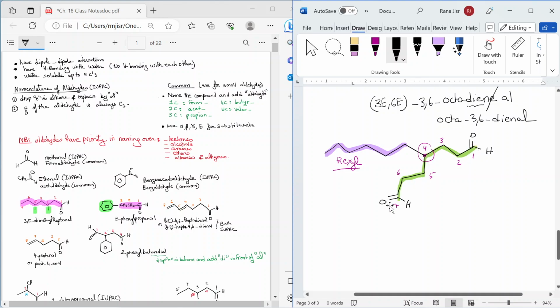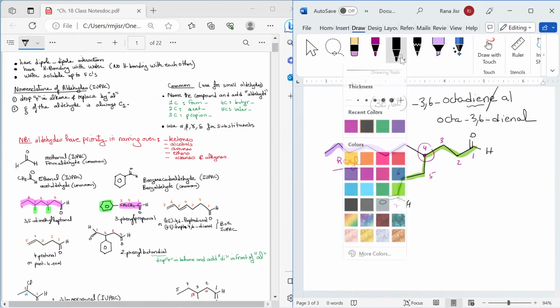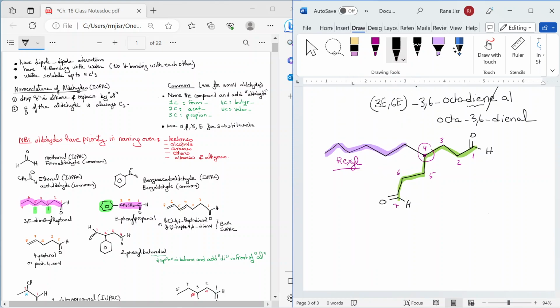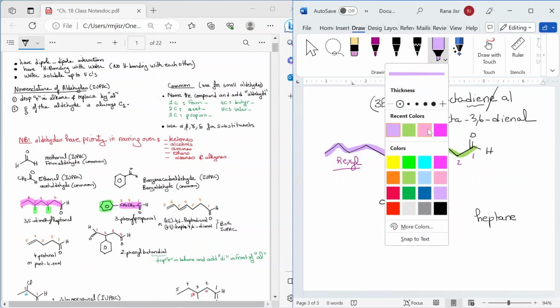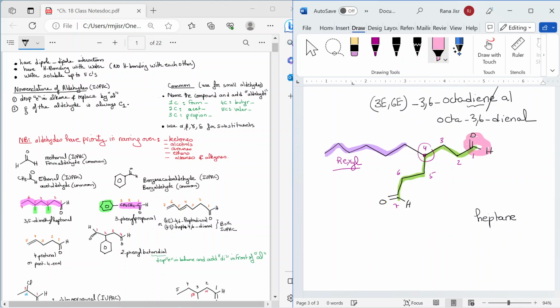You name your chain that has both carbonyls on it, and this is going to be a heptane. I'm just going to name it in the form of an alkane first. Now, because I do have two aldehydes, I'm going to call them di-al in this case.